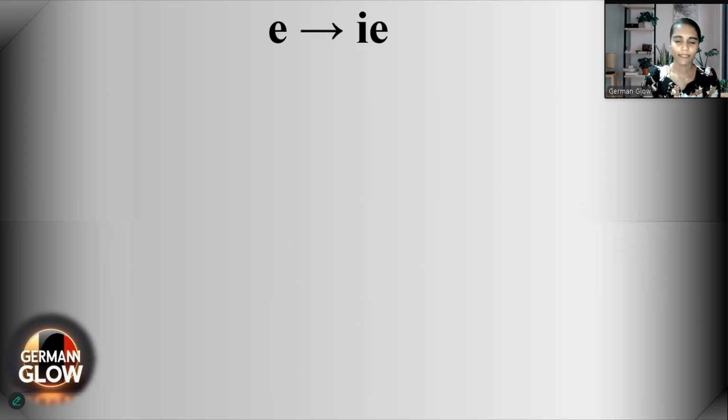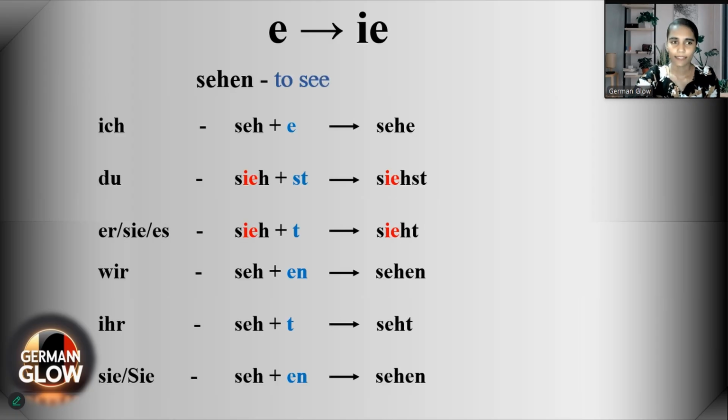Next pattern is e changes to ie. Example, sehen, to see. Ich sehe, the verb stem is seh, seh plus e, sehe.